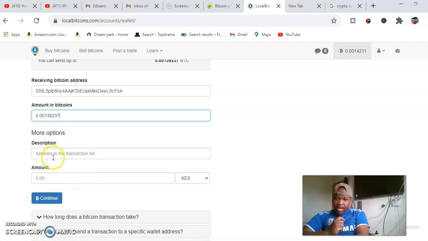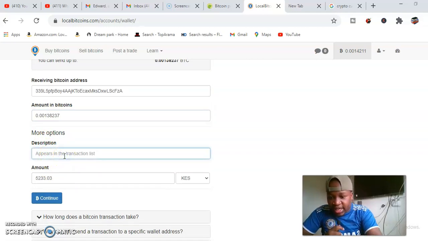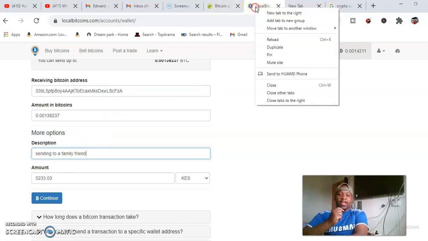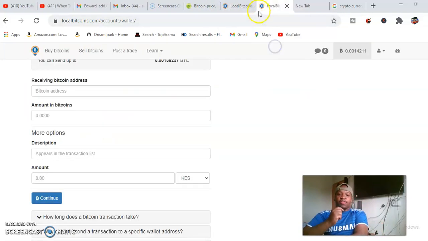Then I'll come here, description appears in the transaction list. I'll just describe it as sending to a family friend. Because the official way to sell to somebody you don't know, you normally come here via the normal trade.